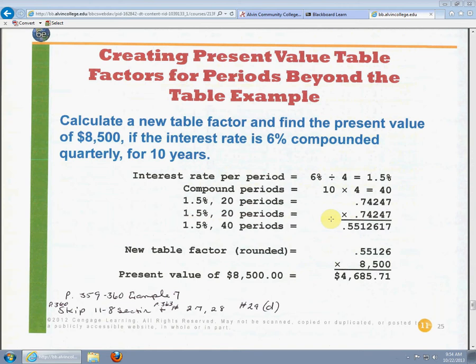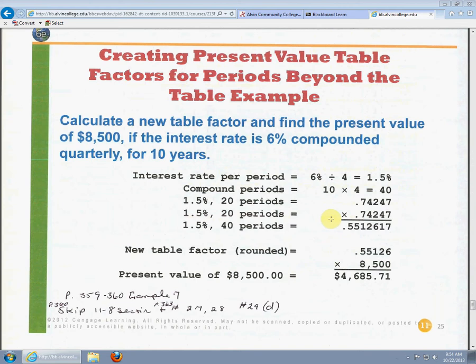So we know we don't have 40 on our table. What's the closest thing to it that we have? 20. Okay, so then we would look at 1.5 for 20 periods. So look on your table and find 1.5 and 20. We take that factor, which is 0.74247, and we multiply it by that factor again, because that would be the other 20 periods.